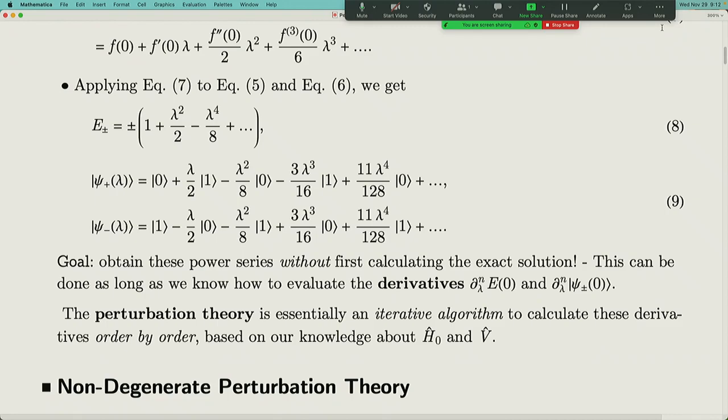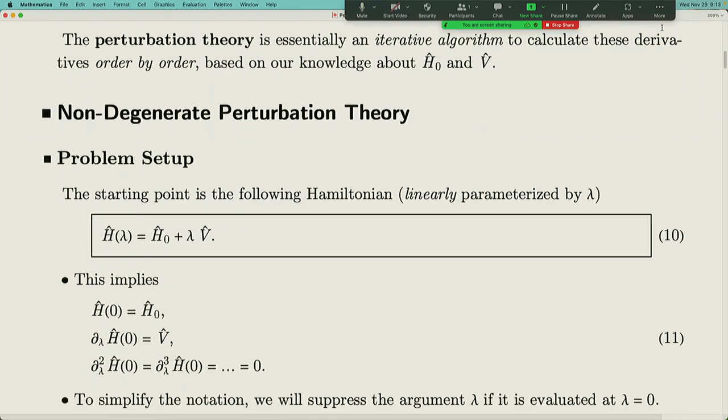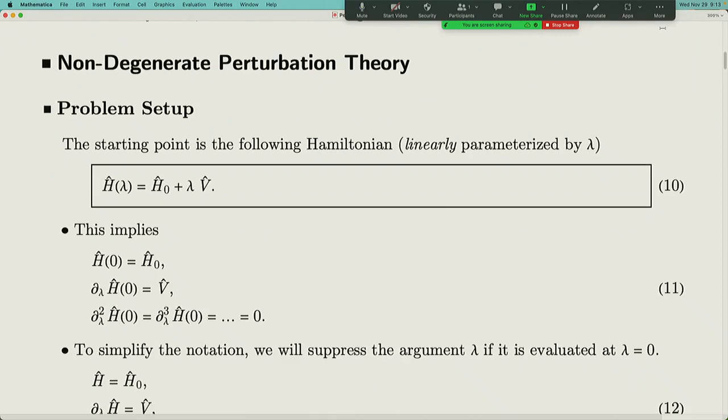And once you know the derivatives of the energy eigenvalues and energy eigenstates with respect to lambda to any order you desire, then basically we can obtain all these results. And the computation of these derivatives only relies on our knowledge about H0 and V, which are the unperturbed Hamiltonian and the perturbation. So now let's be more concrete and set up this problem at a very general level.